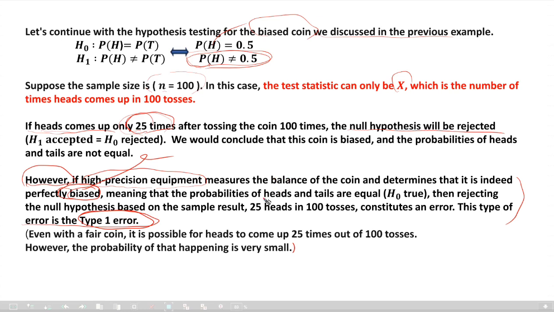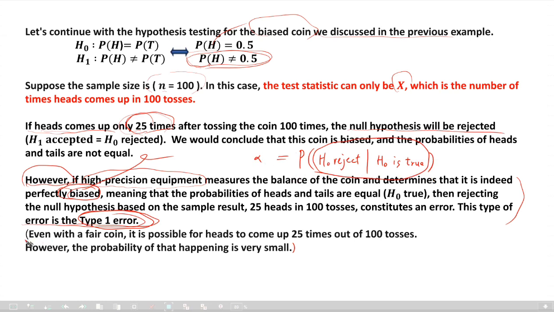Then this decision is an error. That kind of error is type 1 error: the probability of rejecting H0 when H0 is true. The probability of this is the significance level.